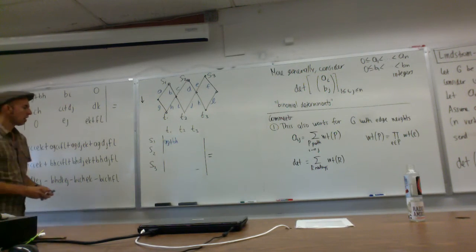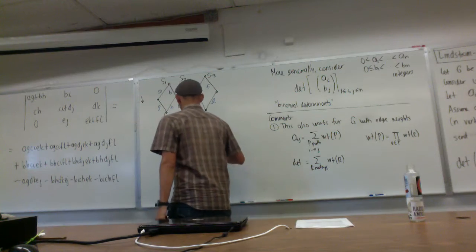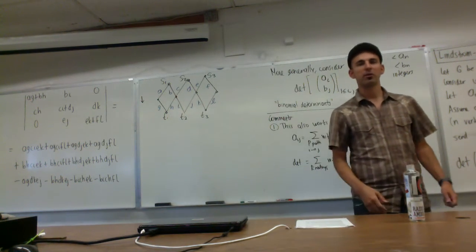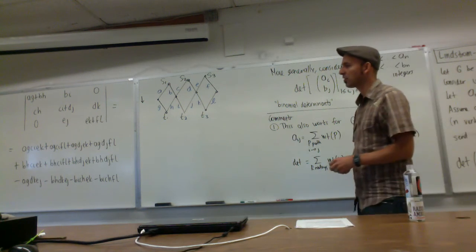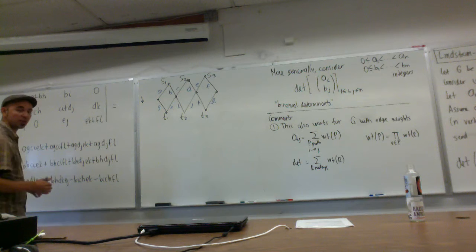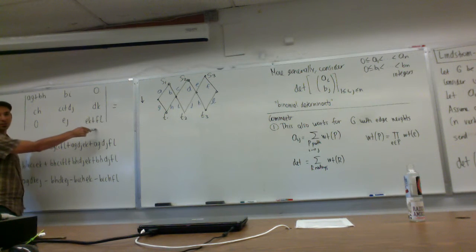And so the claim is that when I compute this determinant, I should get precisely the weights of the routings. I did this ahead of time. I multiplied all of this out. Let's talk a little bit about how I did this. I went down the main diagonal, so I need to multiply this times this times this.